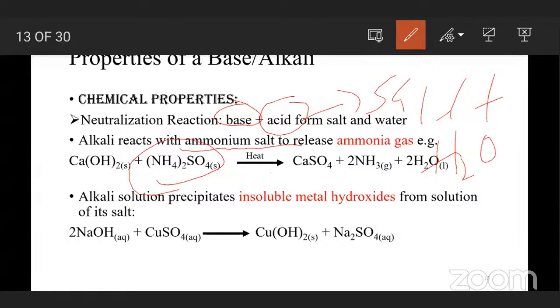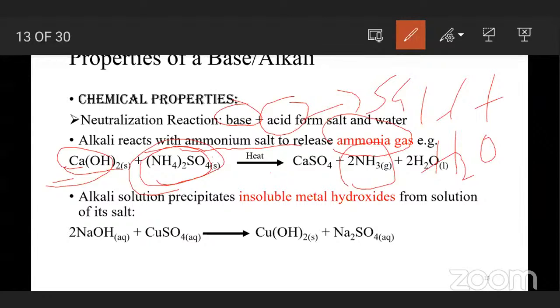So if we have the interaction of, let's say, this base, calcium hydroxide, with (NH4)2SO4, you may observe that there will be evolution of ammonia gas. Ammonia has a bad smell. It has a pungent, choking smell.